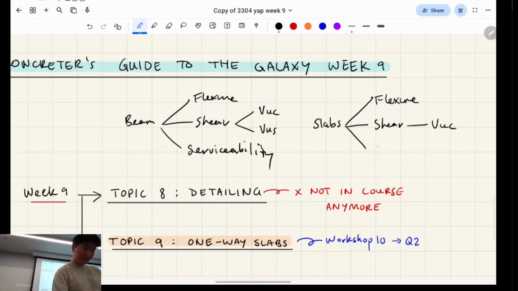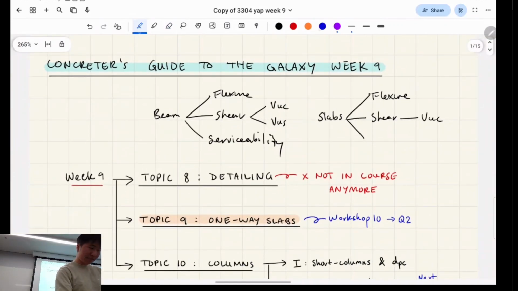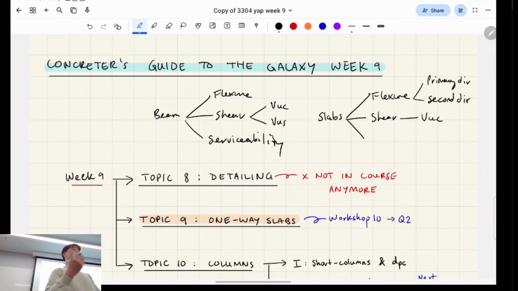And then for serviceability, sorry, one other thing I should say is that for slabs, your flexural has tensile steel in the primary direction and secondary direction. Tensile steel, right? For beams, you usually have tensile steel and compressive steel.